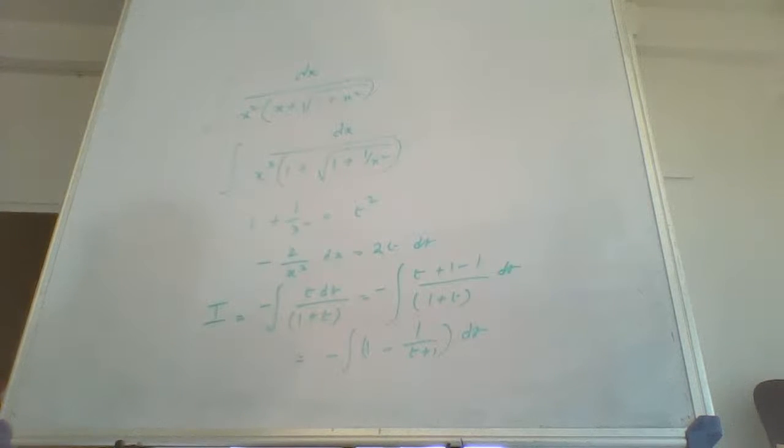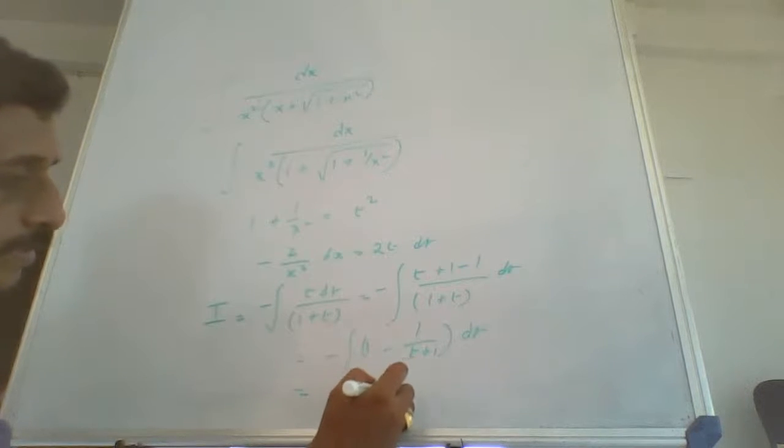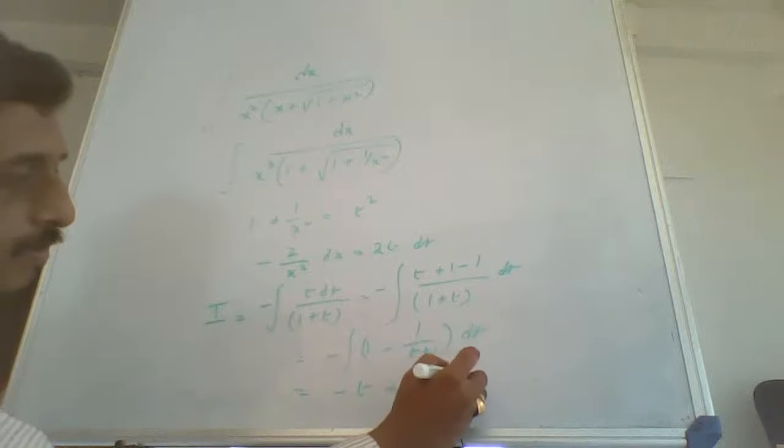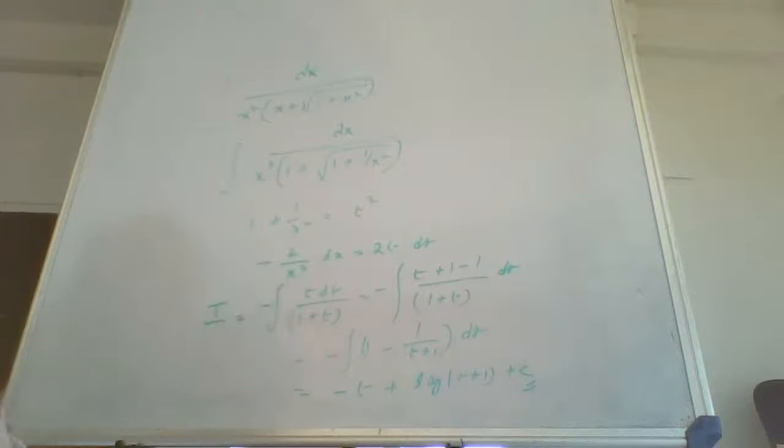So this will be t, and this is plus log of (t plus 1), plus c. Now let us substitute what is t, which we have taken as 1 plus 1 by x square. Please do substitute that.